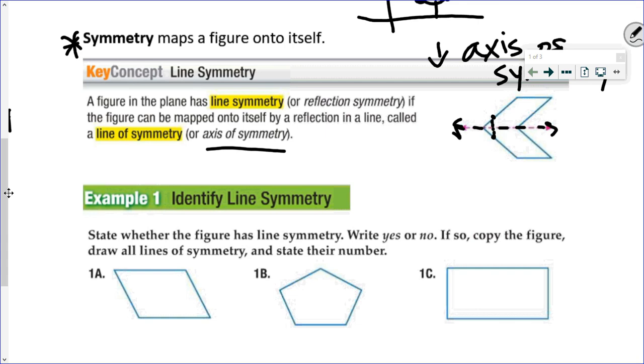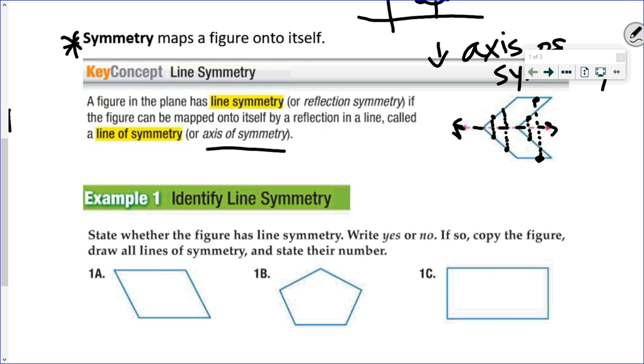At any point on this figure, there's a point to the side of it. There are points everywhere that map straight across the figure, perpendicular to the line of symmetry, onto the other side. So that's what line symmetry is.